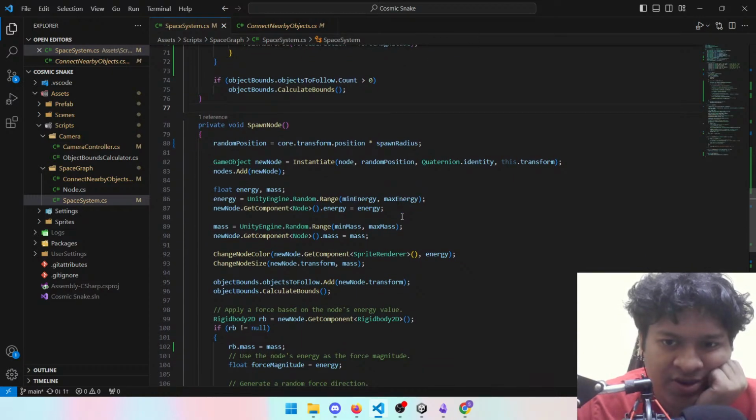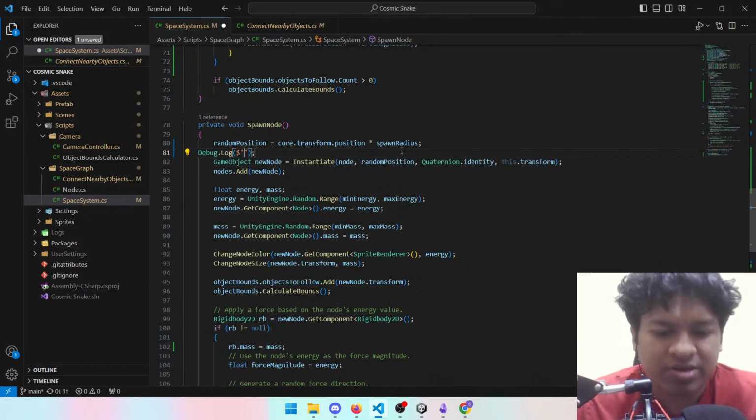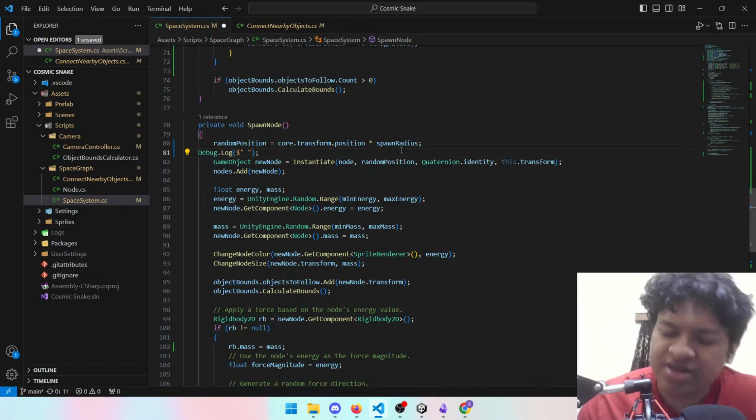Random position, quaternion identity. Oh, that thing is not giving me the... Or is it?